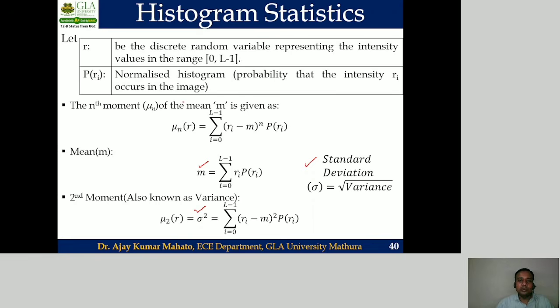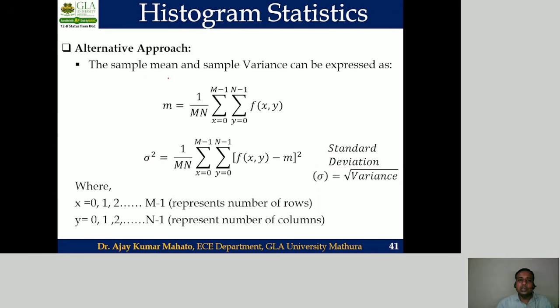In the first method, we have to consider the normalized histogram, the probability of occurrence of each gray level. The other method is based on the conventional, classical approach, and we have to use this mathematical equation in order to compute the mean, variance, and standard deviation. Both of these methods give similar values of mean, variance, and standard deviation.